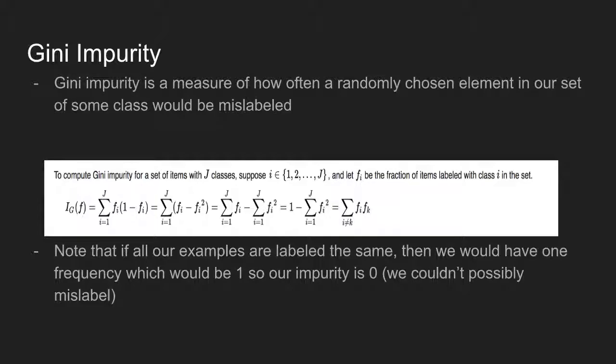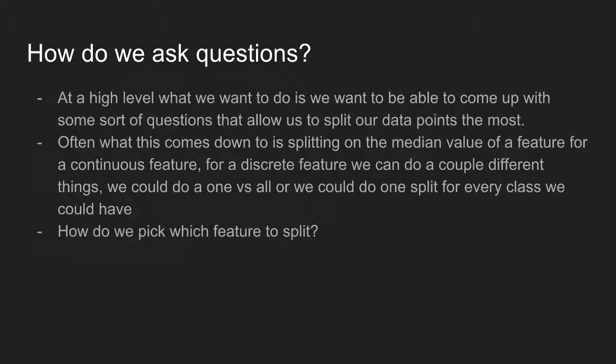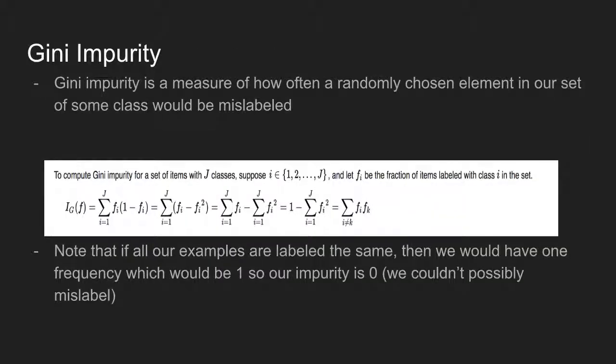The way we do that is through this tool called gini impurity. Suppose that we just have a bunch of different data points with different features and different labels. Gini impurity is a measure of, going back to this flower example, let's say that I have 5 setosas and 8 versicolors.